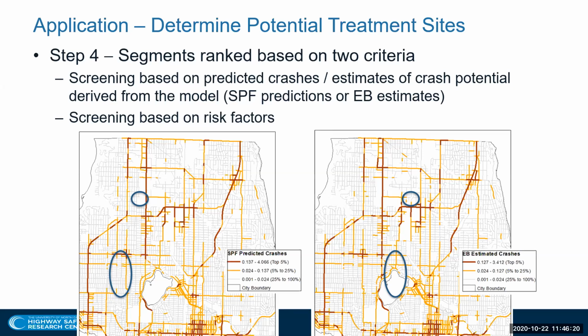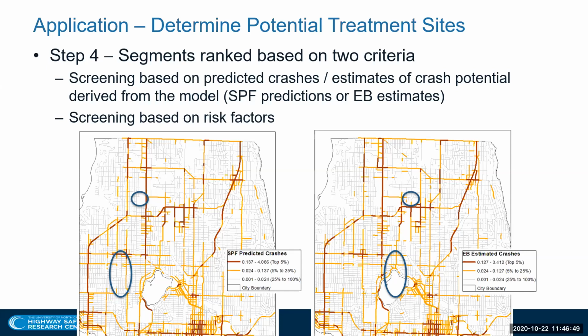But then how do we apply all this information to help practitioners make good decisions? There are a couple of ways you can go about it. If you have endless money, you can just identify all the segments that have those risk factors and say, we're going to treat all of them. But in reality, we know that's unlikely. And also, you don't want to treat locations that have a very low expectation of pedestrians walking there.